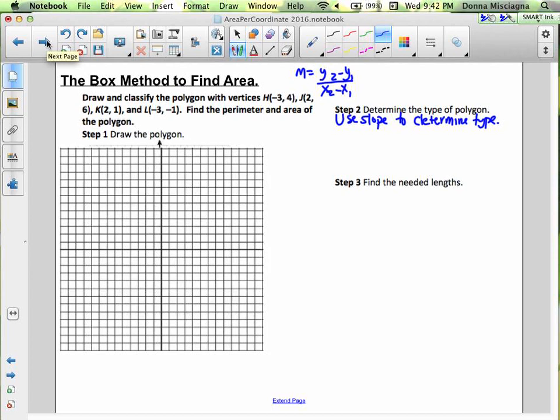So negative 3, 4, 1, 2, 3, 4. 2, 6. 2, 1. And L is negative 3, negative 1.